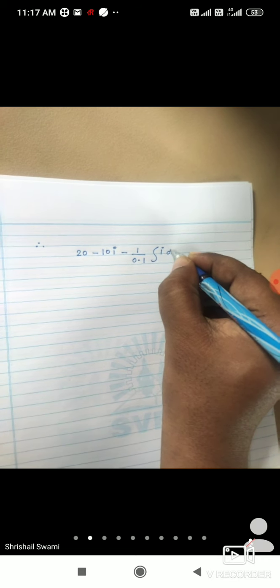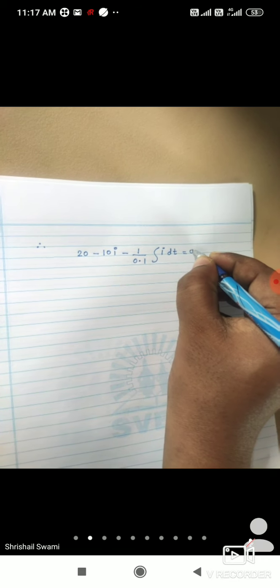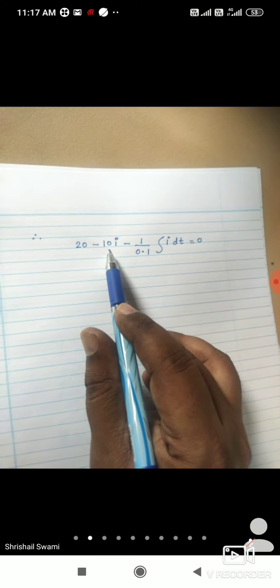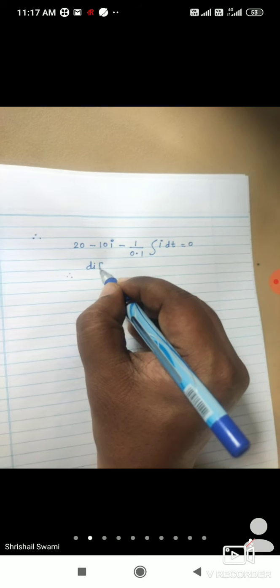C value is 0.1, so 1 upon 0.1 integration of I dt is equal to 0. This is the KVL equation, where 0.1 is the value of C and 10 is the value of resistor R. So differentiate, because I want to remove this integration.